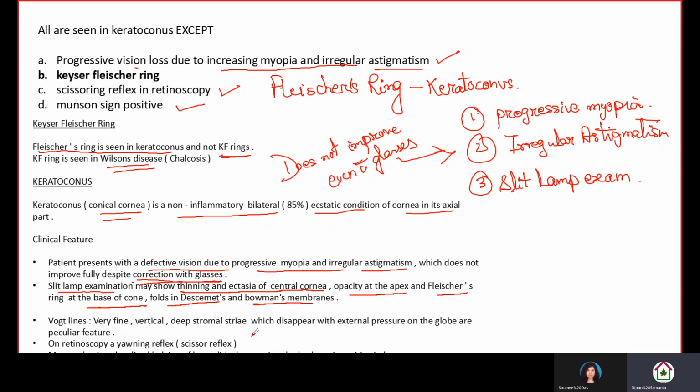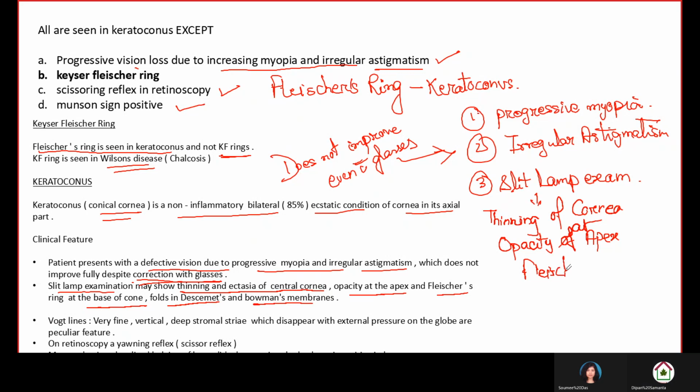So on slit lamp examination: thinning of cornea, opacity at the apex, Fleischer ring at the base of the cone.